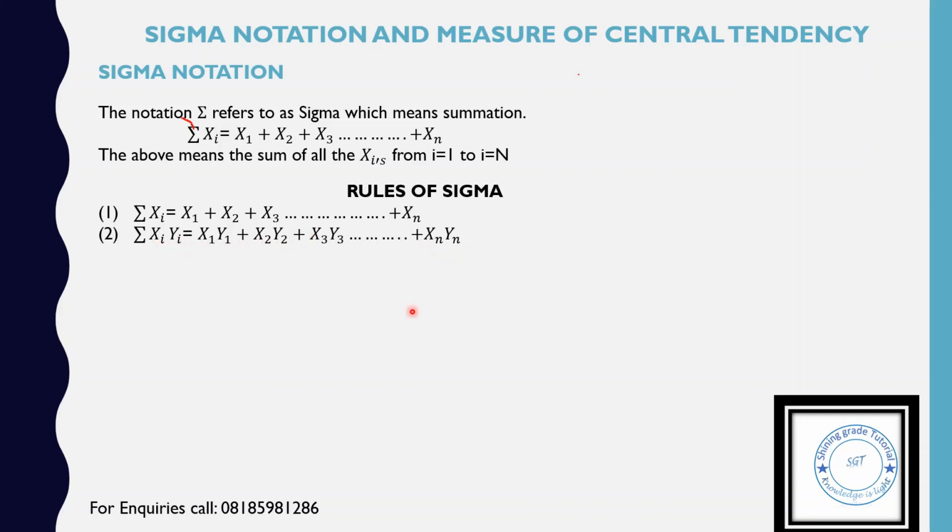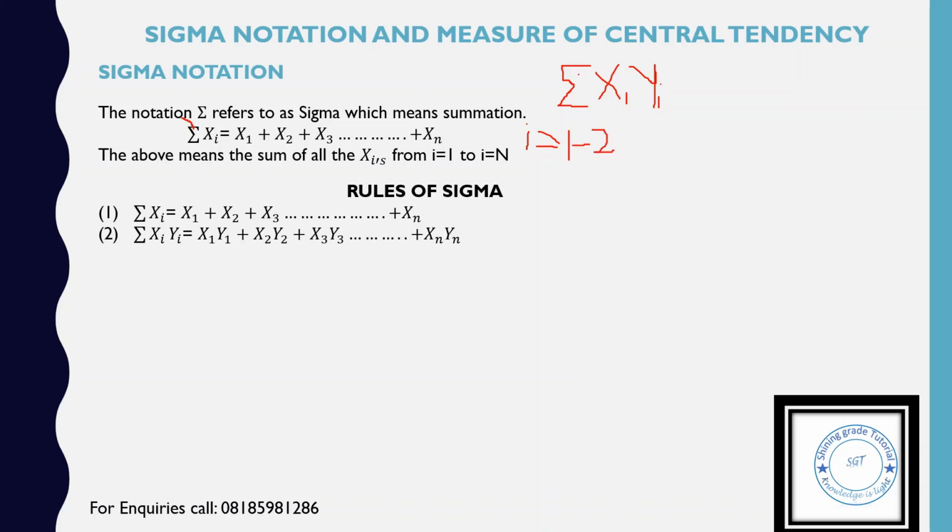Okay, let me give you an illustration on that. Let's say for instance we have the sigma notation with xi and yi as well, and i is a value from 1 to 2. Let me just make it short because of time.